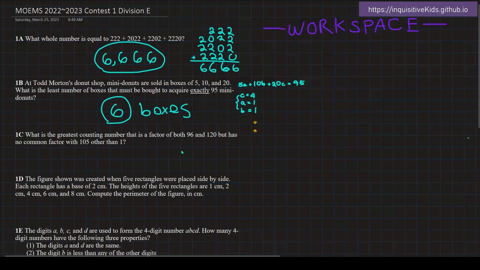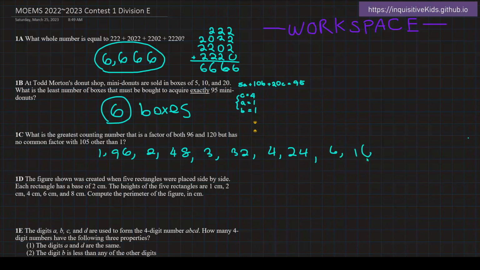Now let's start by listing out all of the common factors between 96 and 120. So let's list out all of the factors of 96 and then check they are a factor of 120 as well. So that would be 1, 96, 2, 48, 3, 32, 4, 24, 6, and 16.